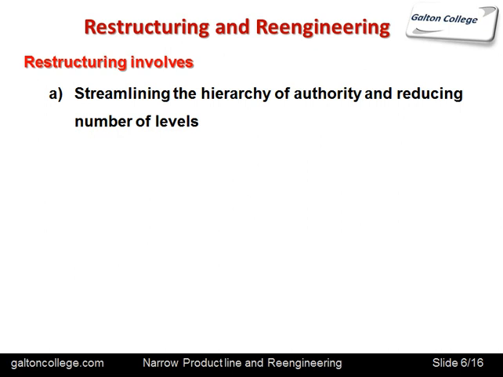It's getting rid of some of the levels of the organization and trying to reduce the bureaucratic costs of the organization. So it's restructuring, trying to streamline the hierarchy of authority and reducing the number of levels. That's the idea behind restructuring.